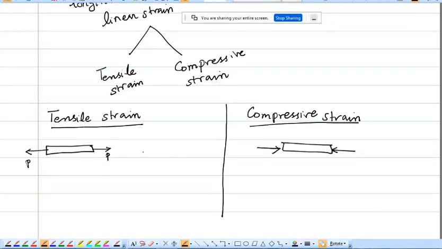In the linear or longitudinal strain, you can consider tensile strain and compressive strain.